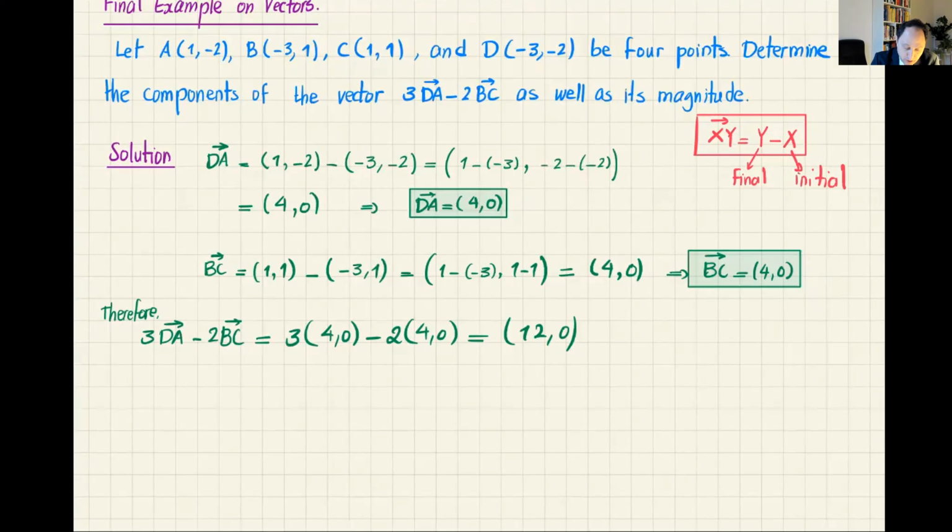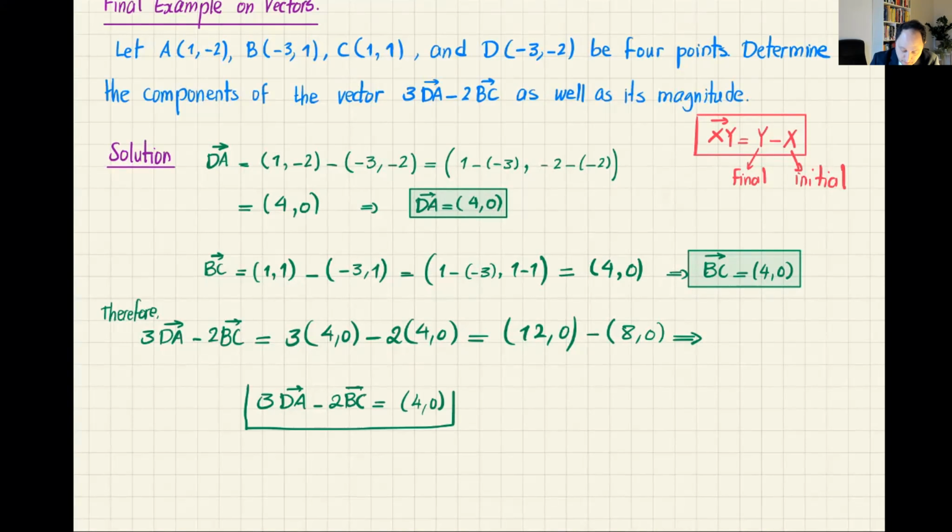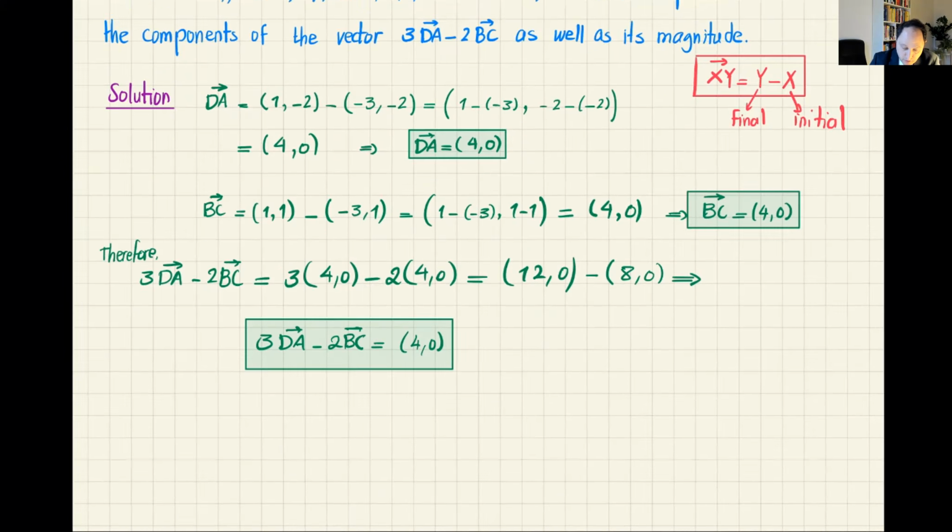Then I multiply 2 inside, it becomes 8 and 0, and then I subtract them. So this means that finally my vector 3dA minus 2BC is equal to 4 and 0 again. Okay, and this is the first part of the problem.